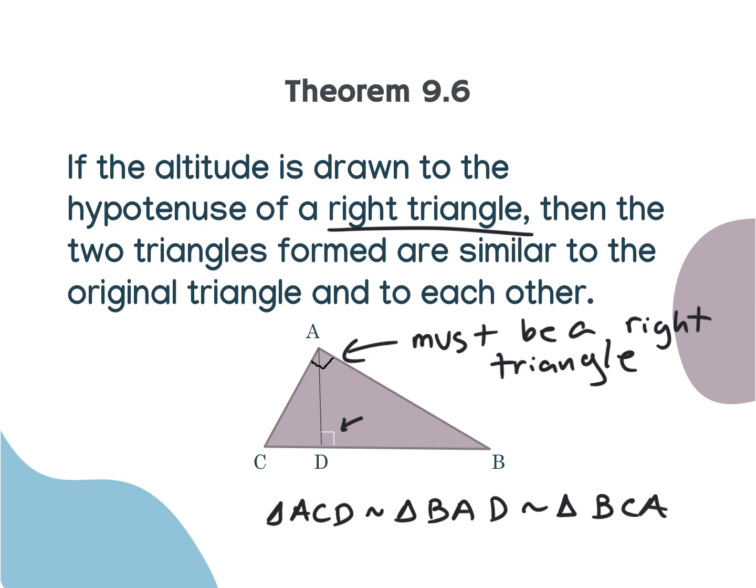Now, I want you to understand that the way we break it up, it's always going to be the same. Let's say this is a 30, 60, 90 triangle, right? When we break this into two, this is going to be the new 90, so this is going to be 60. When we break this up, this is going to be 30. So all of it is going to be similar because the angles are going to be congruent.